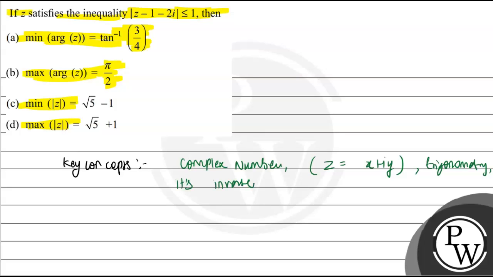Like tan inverse of 1, we should know that it is pi by 4 in general. And some formulas like sin 2 theta is 2 sin theta cos theta. Then we should also know about circles and their properties, and coordinate systems. So these are some basic key concepts required to solve these questions.